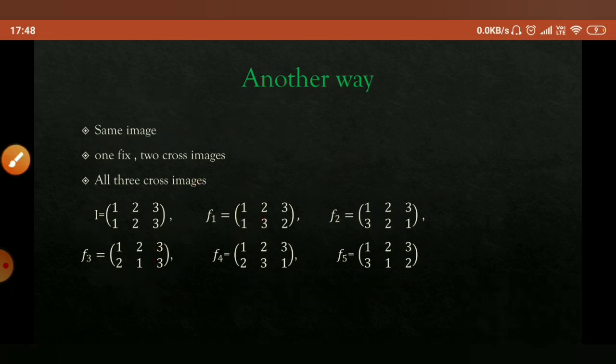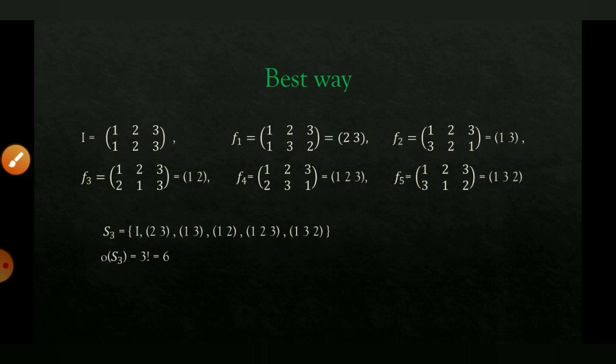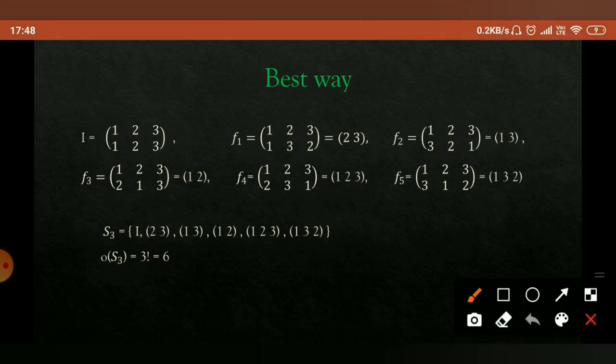This is another way, but the best way of writing is the cyclic permutation way, in which these 6 permutations are written as follows. This is the identity permutation because every element is attached to itself, so we can write just I for this.